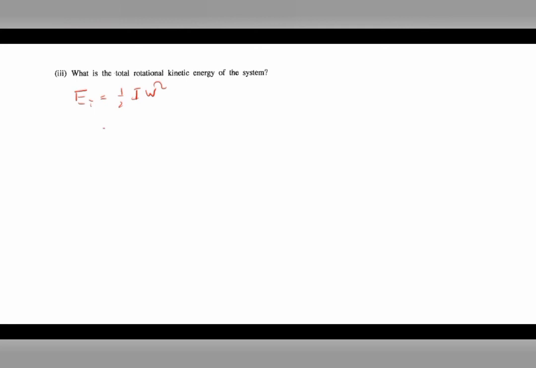So half, and I is 1,022,000, times omega, which is 1.44, squared. So the result is 87,840 joules. Really simple.